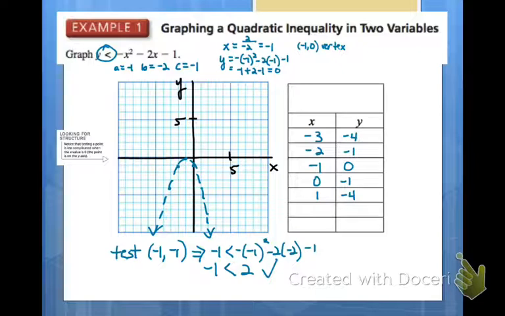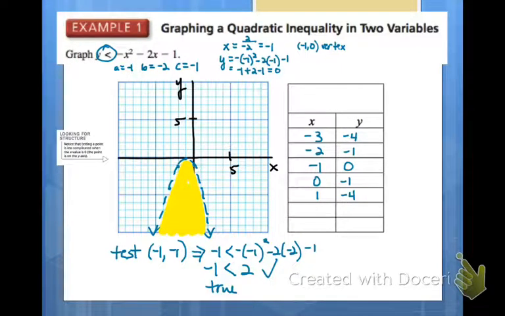I get that negative 1 is less than 2. That means that point makes the statement true. So all the points on that side of the parabola, in this case the inside, underneath, are part of the solution, and we're going to shade. I'm just going to show that by highlighting that area.